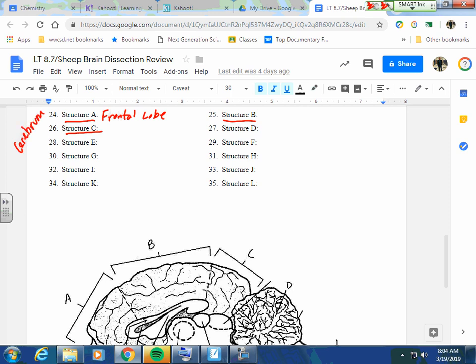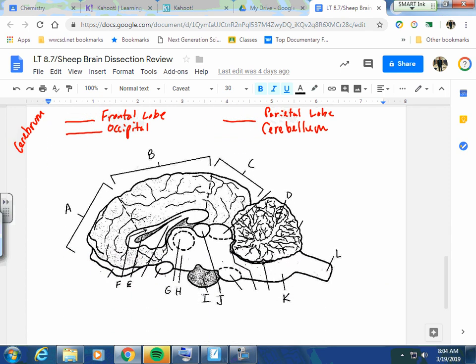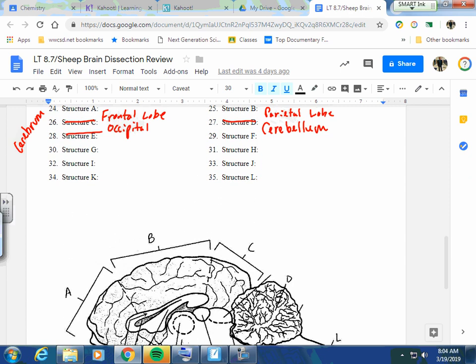We've got frontal lobe, parietal lobe, and occipital lobe. All right, structure D is going to be the cerebellum. E is going to be the lateral ventricle. F is going to be the corpus callosum.